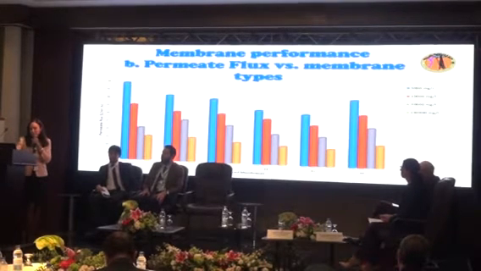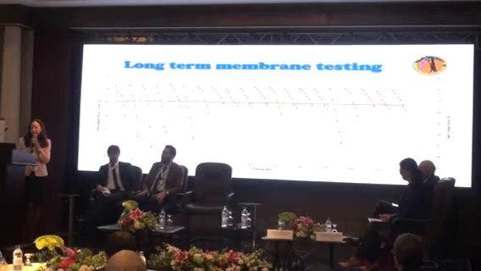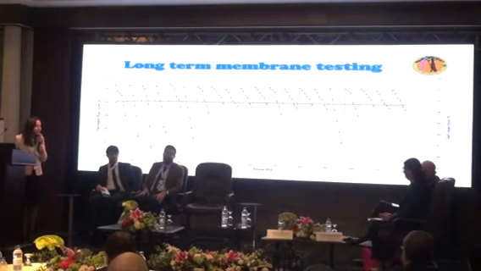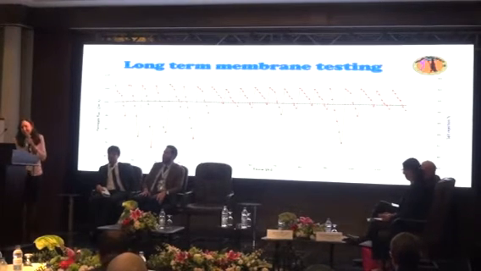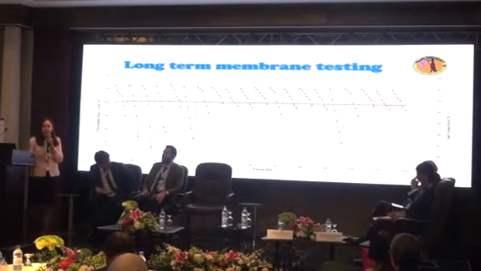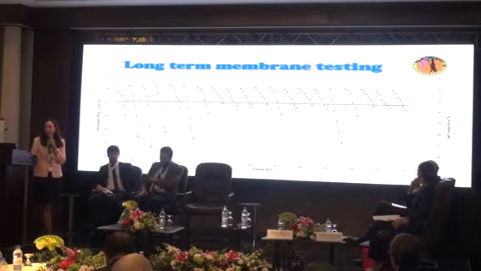So membranes number 3 and number 4 give us moderate flux. As you will see here, we also did long-term membrane testing, to see the ability of these membranes to stand up in the industrial process without clogging easily.